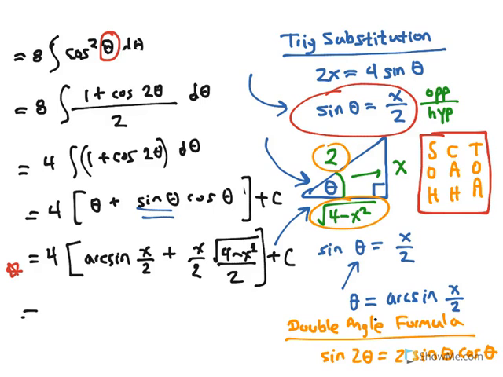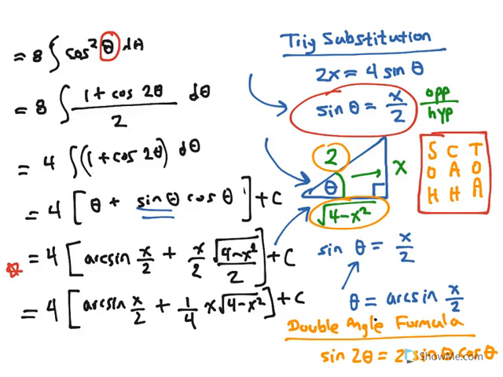We are in fact done with the problem, but if you want to clean up the answer a little bit, there is one thing that you can do. You can see that for our second term of the antiderivative, when you multiply, you will have 2 times 2 in the denominator, which will give us 1/4, times x times the square root of 4 minus x squared plus c.